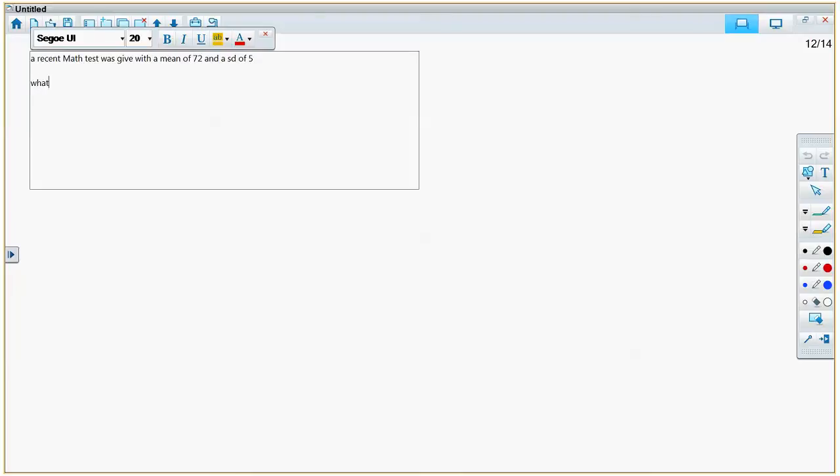What score represents the 80th percentile?